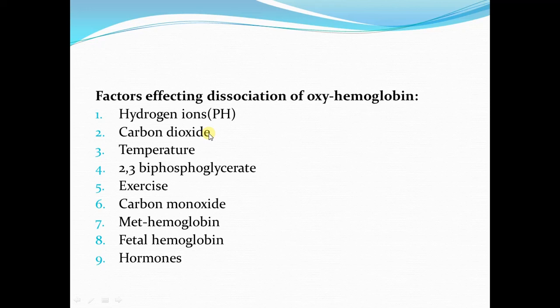Now, the influence of carbon dioxide and hydrogen ions on the release of oxygen from hemoglobin is known as Bohr's effect. So, we have discussed two factors affecting oxygen hemoglobin dissociation: hydrogen ions and carbon dioxide.